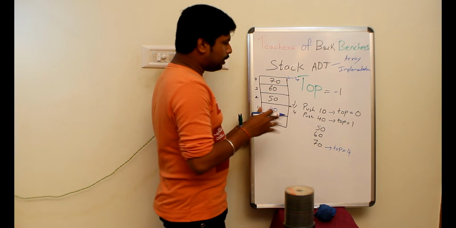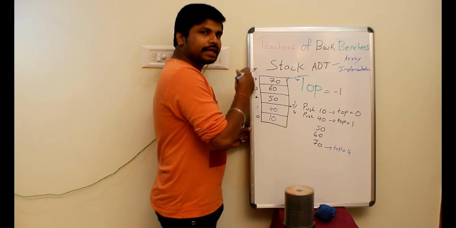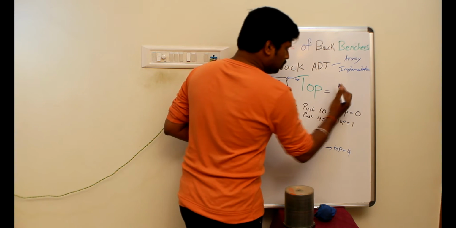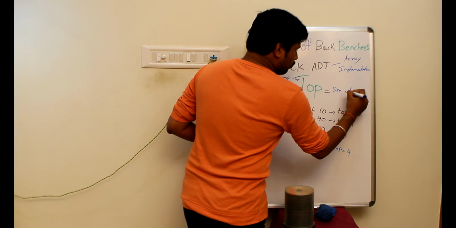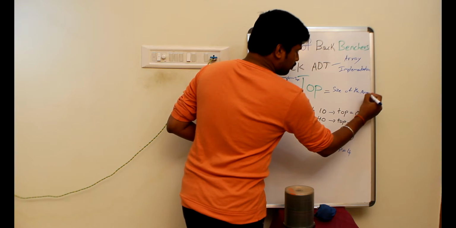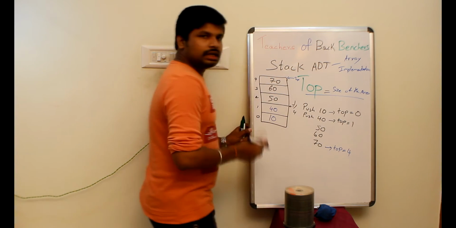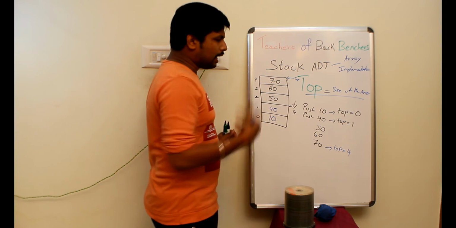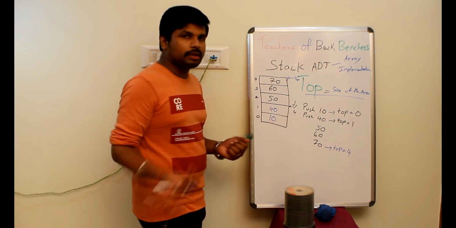When top is equal to the size of the array, then it means that the stack is full. We can't insert any more elements. Stack overflow, all those kinds of things will come up.